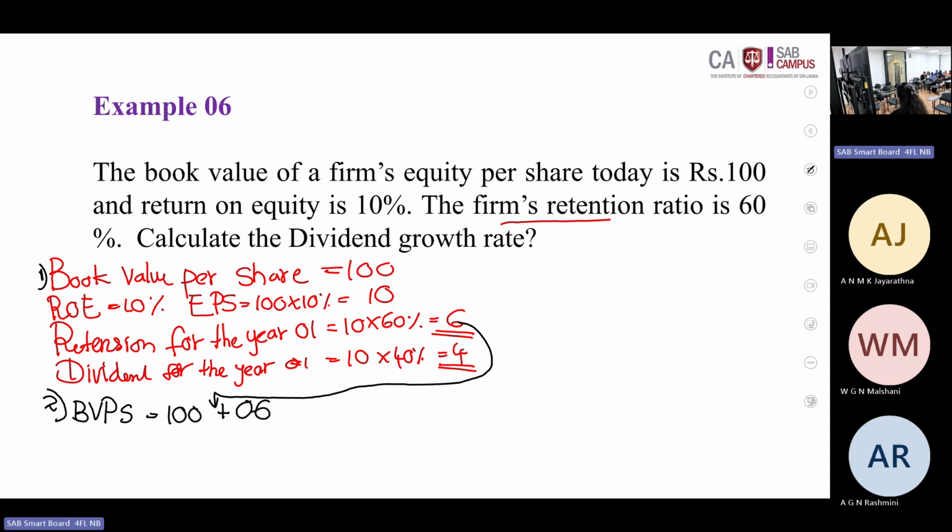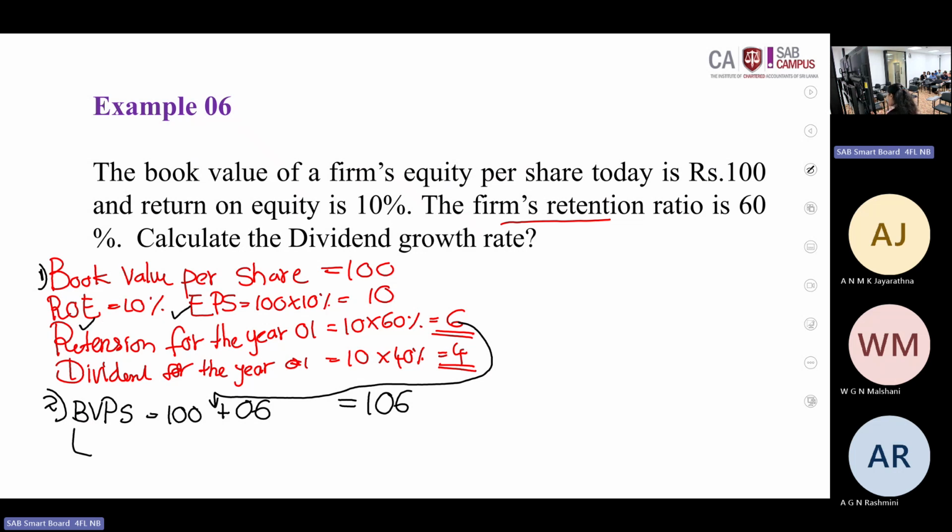Last year book value was 100. We have retained something. How much is retained per share? That is 6. Then what is the book value now? This year the book value is 106. From this 106, we predict the same ROE and EPS.